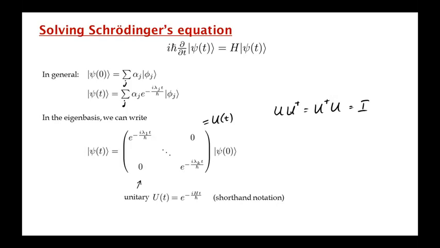And the other thing we can do is, U of t is now e to the minus i H t over h bar. This is just notation.